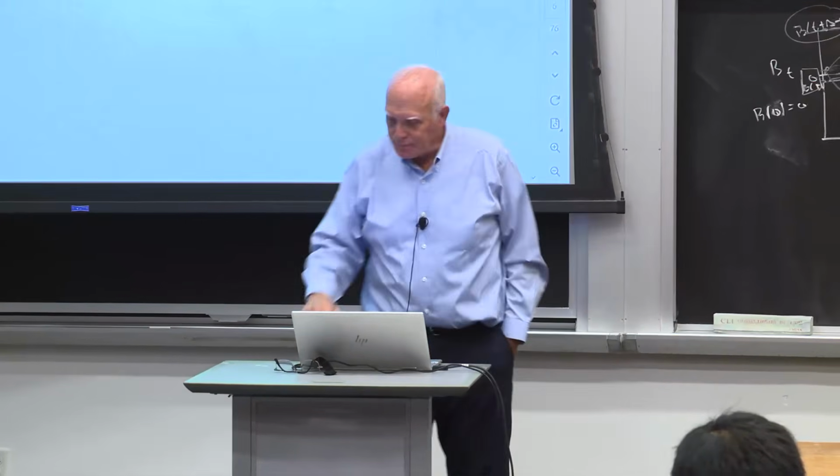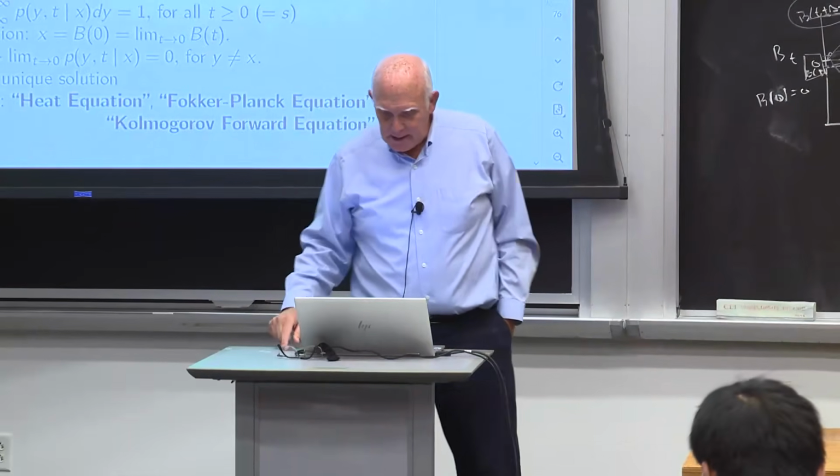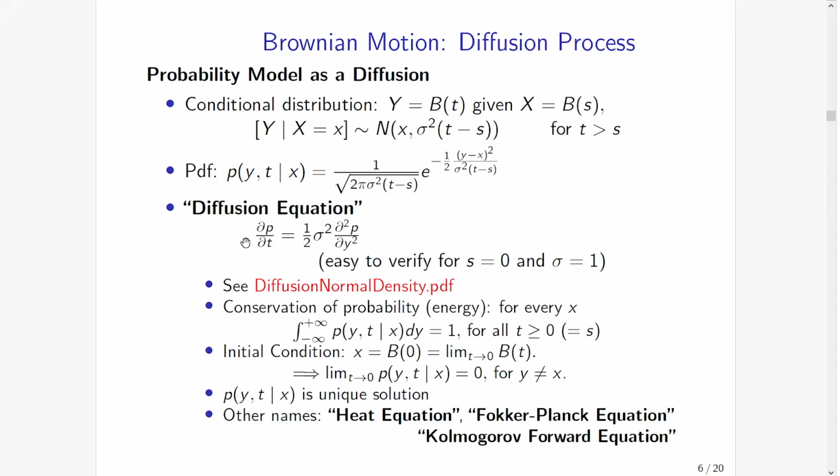Now, this diffusion equation relates to a conservation of probability for every x. So regardless of what the starting value is, we have the probability density integrating to 1 always.